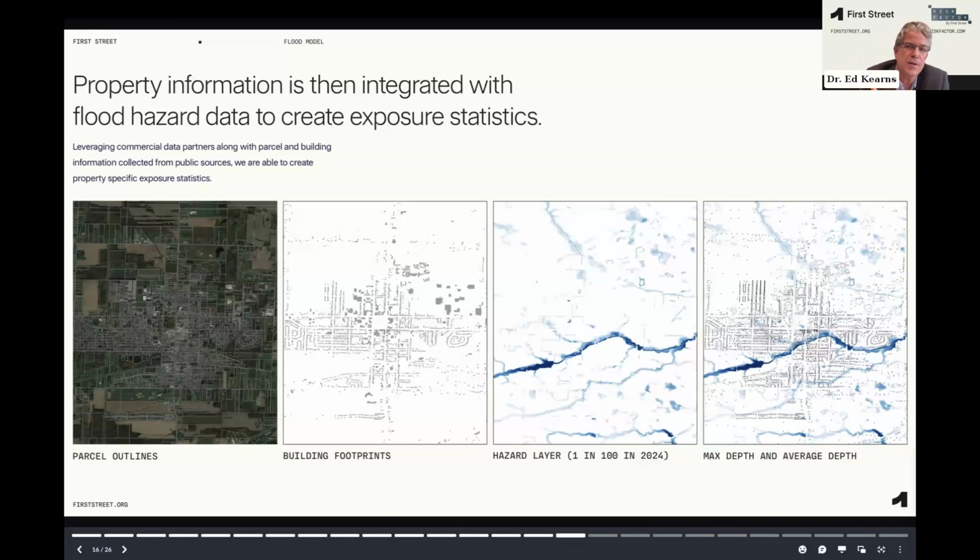And so by taking those parcel outlines, the building footprints, doing that cookie cutter against the hazard layer, we can then, for every property or every building, say what the max or average depth of water is to that facility, to that home, to that business, and then you can start to understand what the possible damages are going to be to that asset from that exposure.